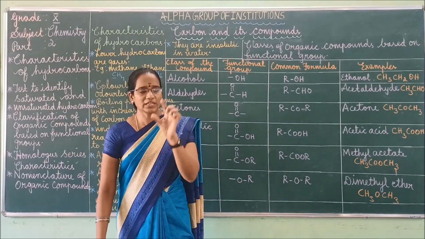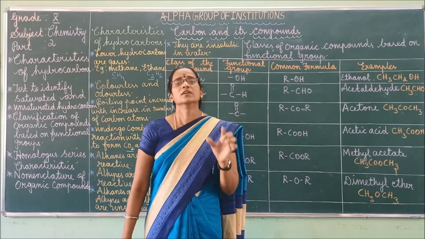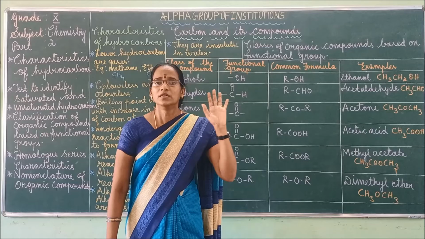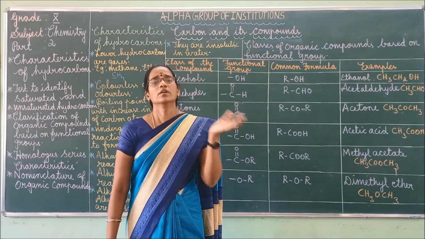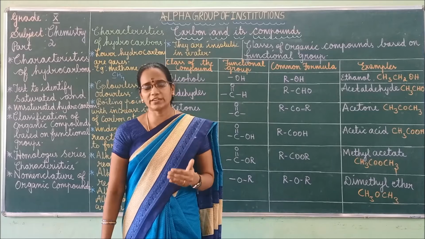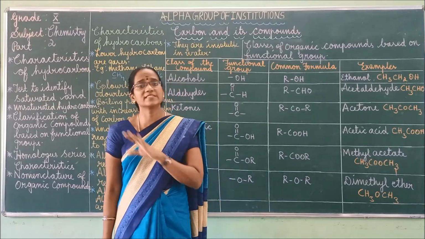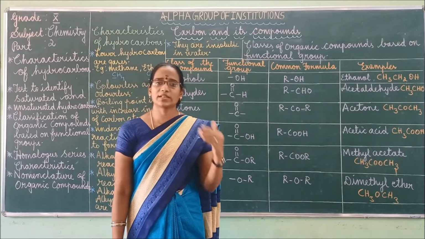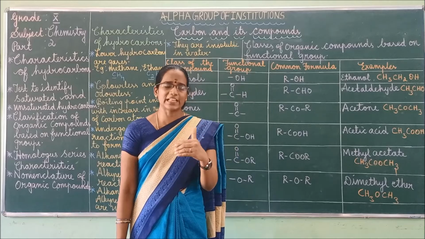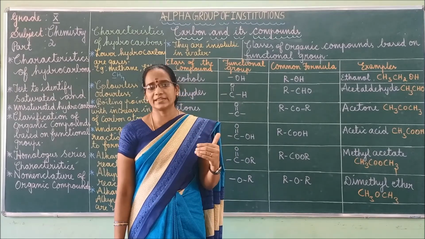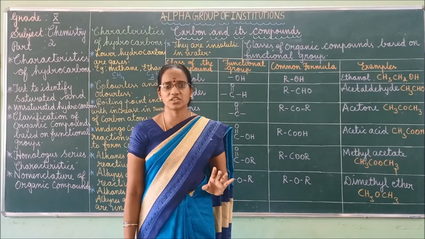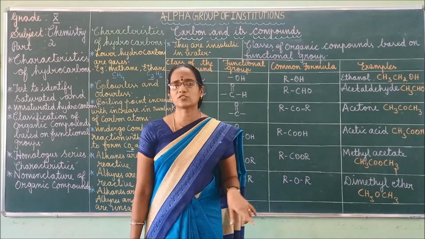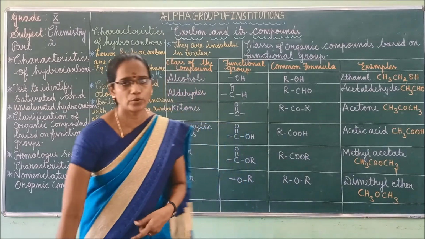Suppose the given sample is unsaturated, it will immediately decolorize the bromine water, so you can easily understand it is an unsaturated compound. Suppose the given sample is a saturated compound, the bromine water will not decolorize, it will not react. Alkanes do not react with bromine water, whereas bromine water is decolorized by alkenes, and alkynes also react with the bromine water. Got it, children? So this is the concept. From this we can identify whether the given sample is a saturated compound or unsaturated compound.